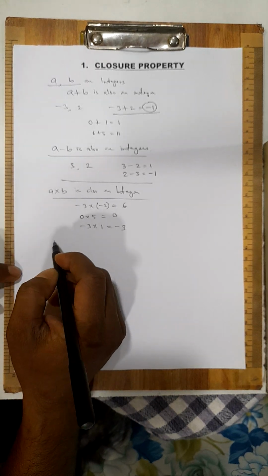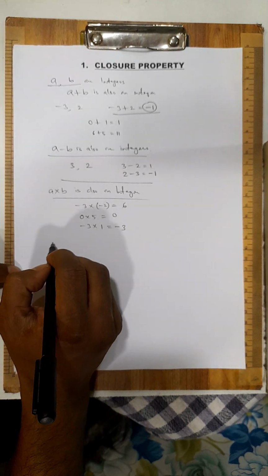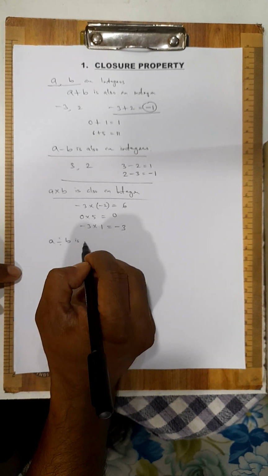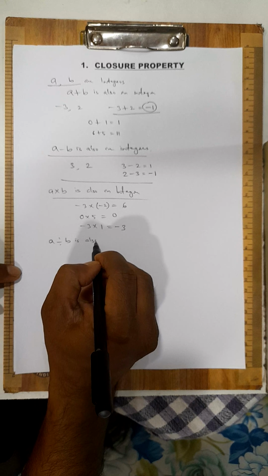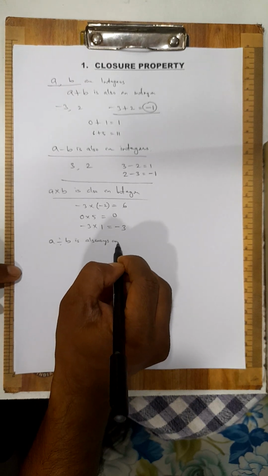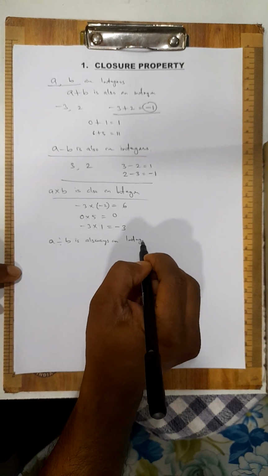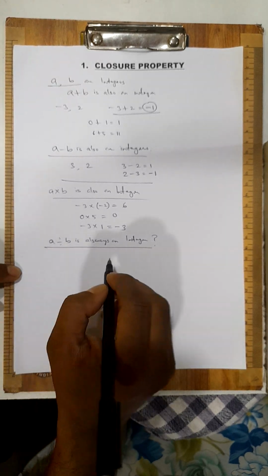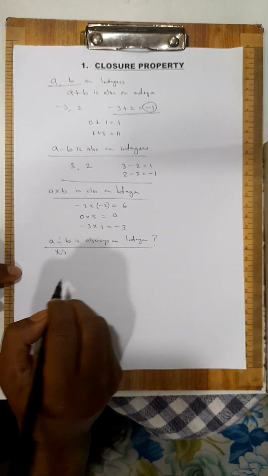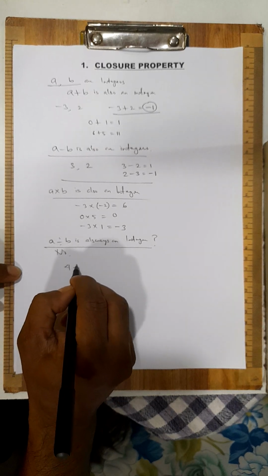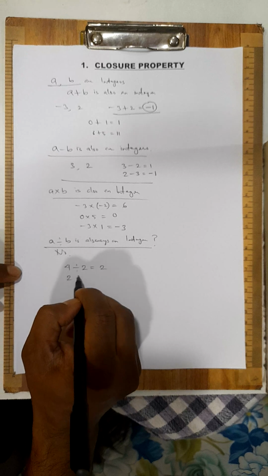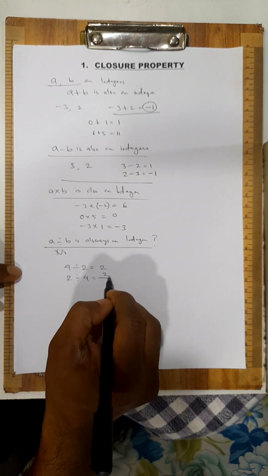Now let us come to the operation of division. Is a divided by b always an integer? Answer is no. Say for example, you see 4 divided by 2 equal to 2, but 2 divided by 4 equal to 2 by 4.